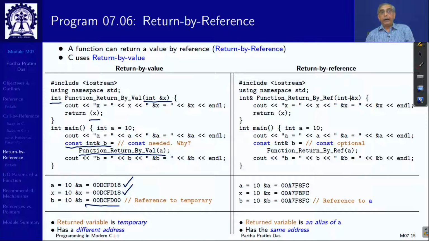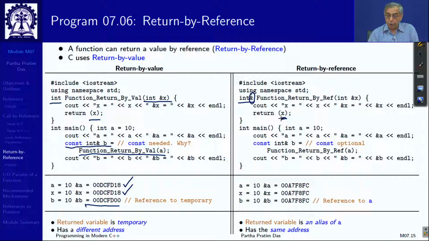Now, I can return this value by reference. All that I need to do is again put an ampersand after the int, which means that the x that you have in the function will be returned by itself, not a copy of it.